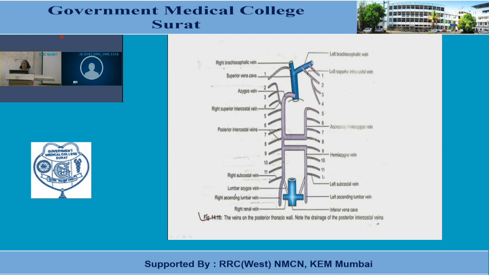Now the 9th, 10th and 11th posterior intercostal veins collectively form the hemiazygous vein. So this is the azygous vein, this is the hemiazygous vein and this is the accessory hemiazygous vein.